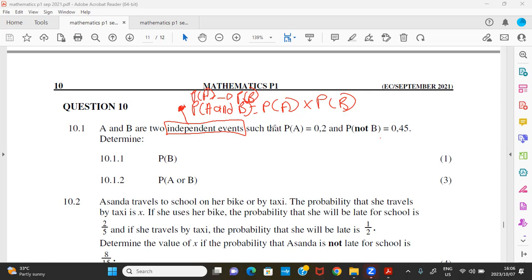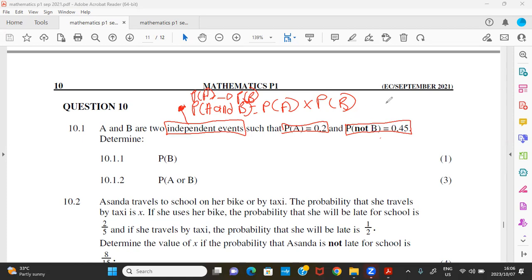Sure. So they say A and B are two independent events such that the probability of A is equal to 0.2. So we have the probability of A given to us. And now they say the probability of not B is 0.45. So what does this mean?